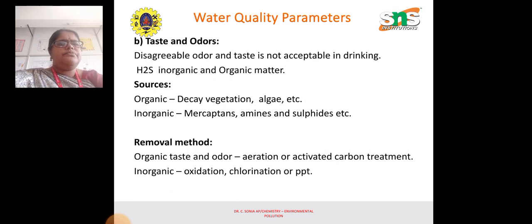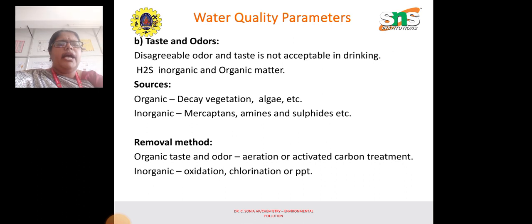Taste and odor. Disagreeable odor and taste are not acceptable in drinking water. Hydrogen sulfide, inorganic and organic matter give different tastes to the water. Sources are organic sources like decaying vegetation, algae, etc., and inorganic sources like mercaptans, amines and sulfides. How do we remove these tastes and odors?